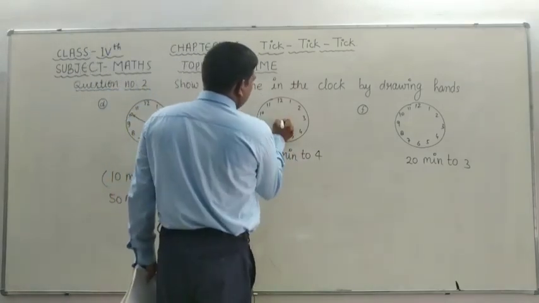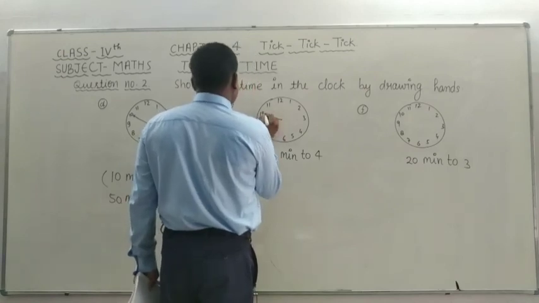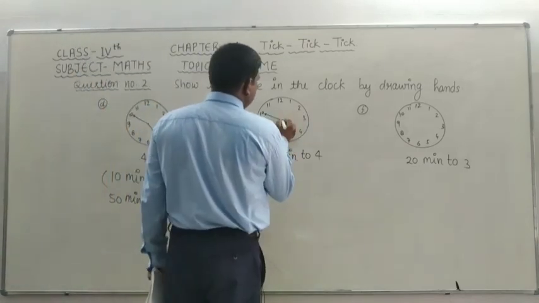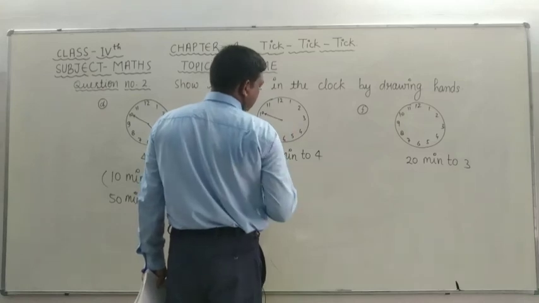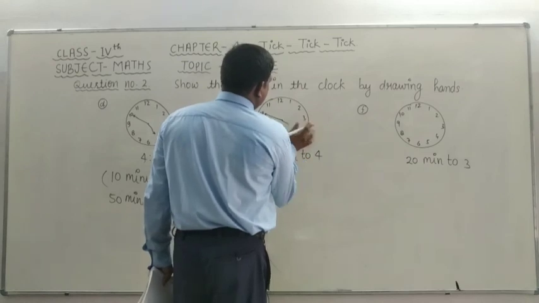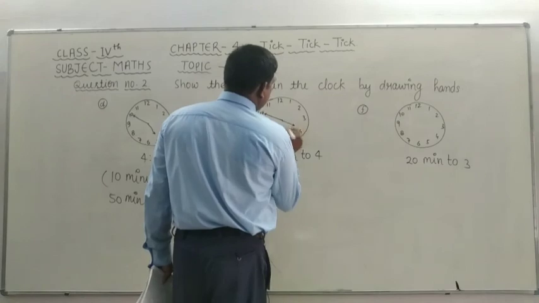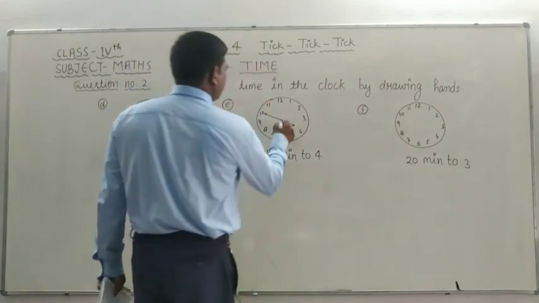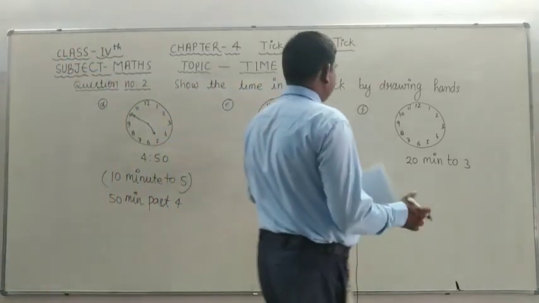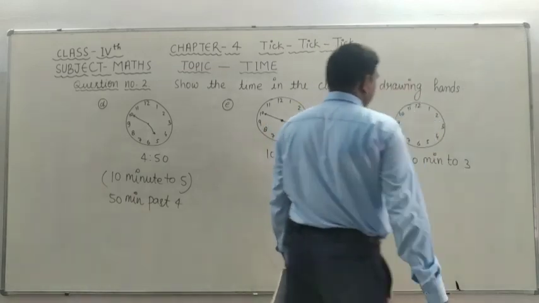Look, firstly we have to take the minute hand exactly at 10 and the hour hand between 3 and 4. Okay, understand? Similarly, in this question you are given 20 minutes to 3.